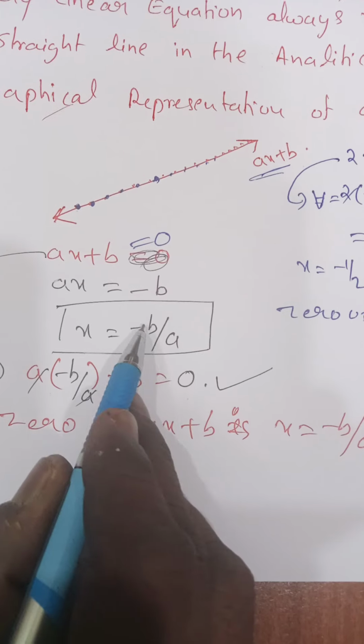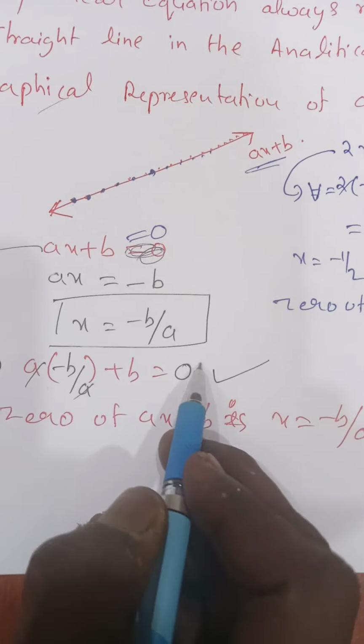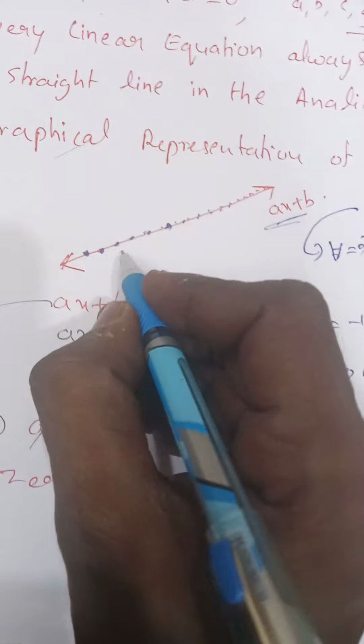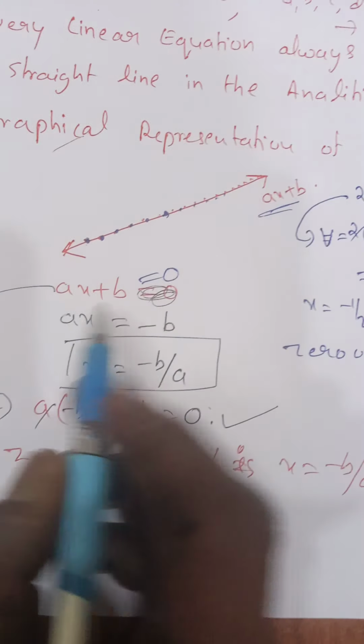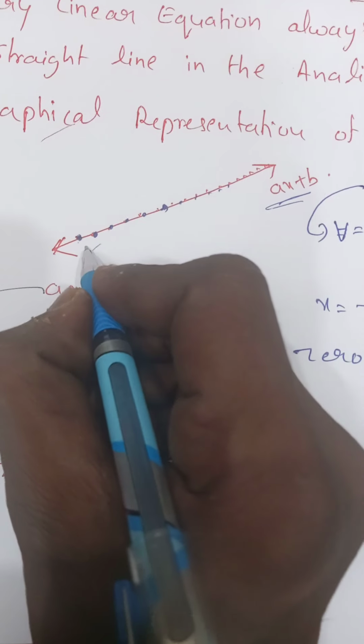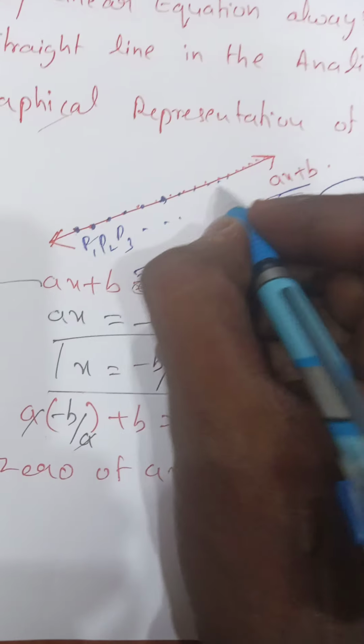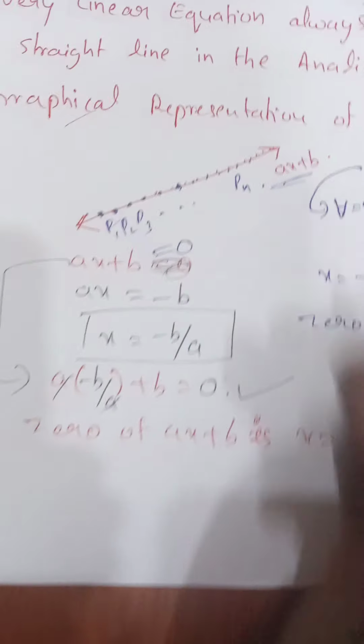Why? Because if I write in the place of x minus b by a, the value is 0, it satisfies. Like that, many points will satisfy this line. These all the points, I am naming them p1, p2, p3, so on up to pn. These all are the solutions of ax plus b.